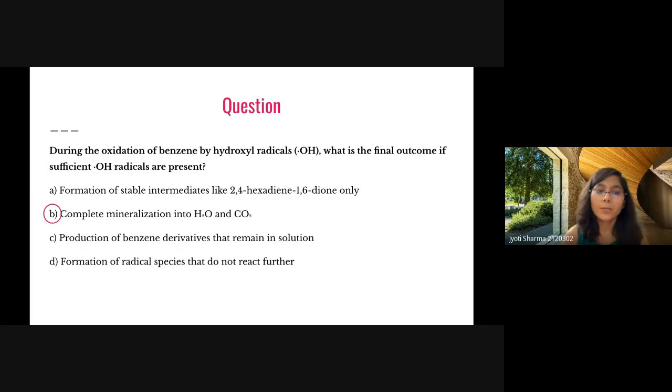So this will be complete mineralization into water and CO2, because this is benzene, right? Benzene has C and H, so there will be complete mineralization into water and carbon dioxide.